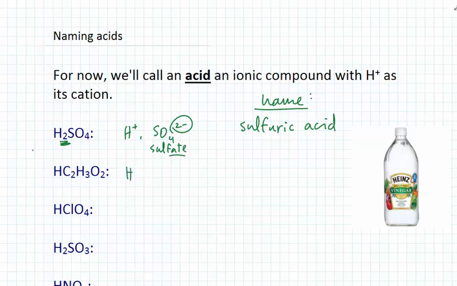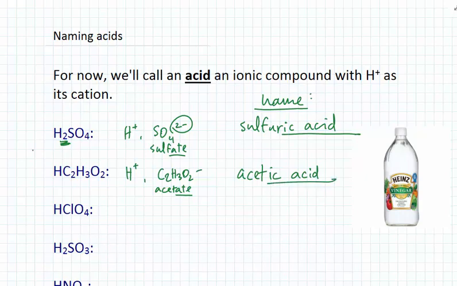So again, here is H plus, here is acetate. So I'm going to take acet, replace it with ic acid. It's called acetic acid. You used acetic acid in your gas lab to produce hydrogen.